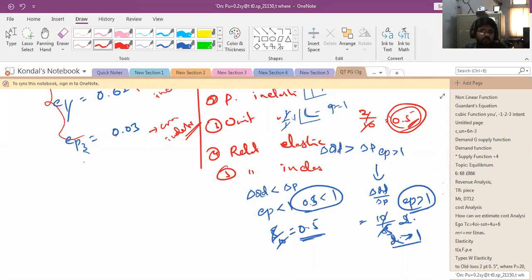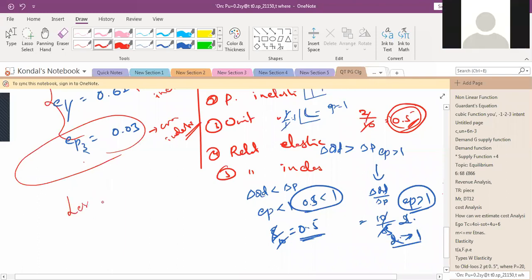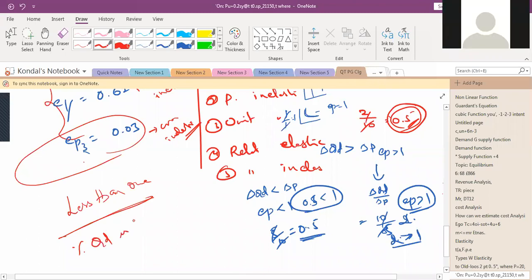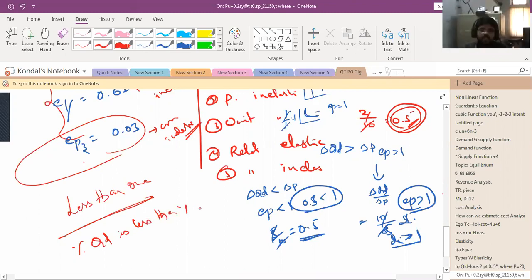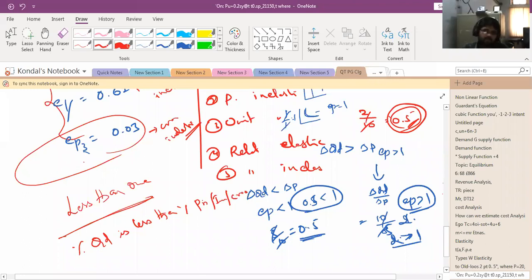That's why the slope is very small, less than 1.